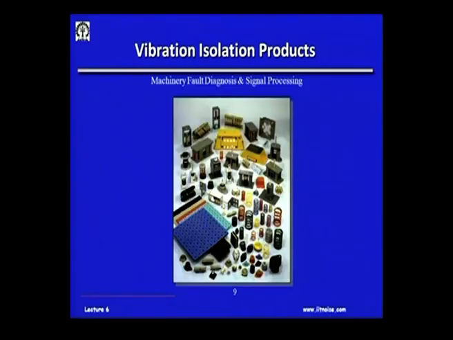Well, this is from a catalog of a manufacturer of isolators. I will just show you some of the examples here. These are the normal helical springs which are used as mounts, and some of these are actually pads where there are pockets here.